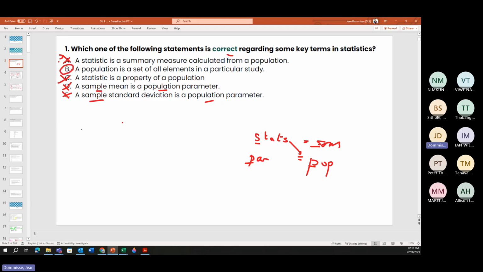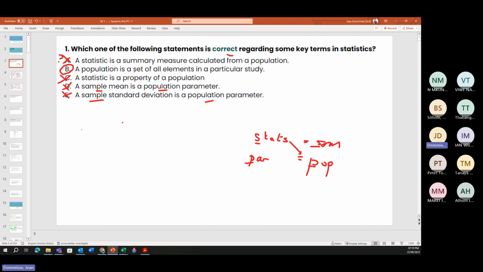What we would normally say is, let's look at the population of UNISA, and then a sample would be the stats class. So your population is everything of that study, where the sample is a particular grouping within the study.